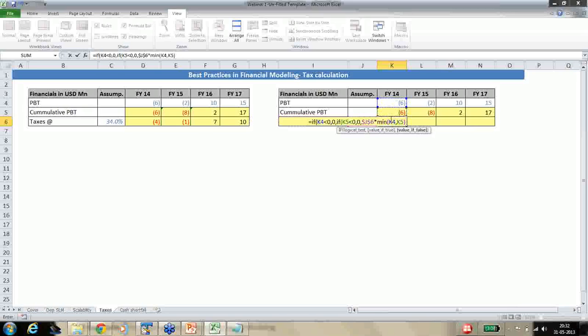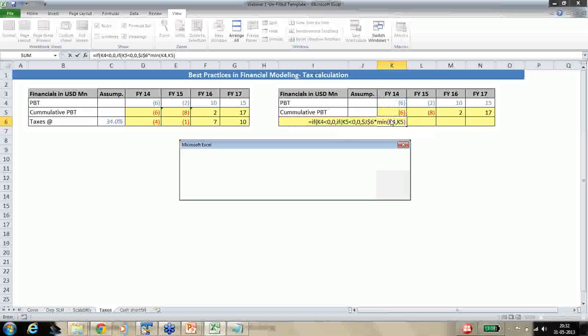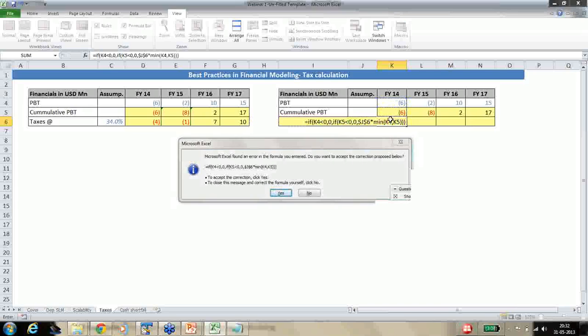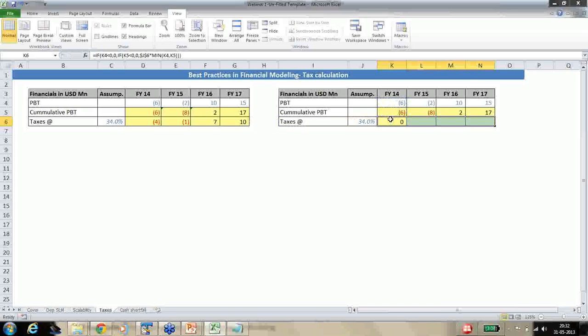Why am I saying this? Let us take a moment to understand this. This formula looks slightly complex, but essentially it is fairly simple. Let us look at this case. Let me make this 10, and let me make it 6. So what happens?